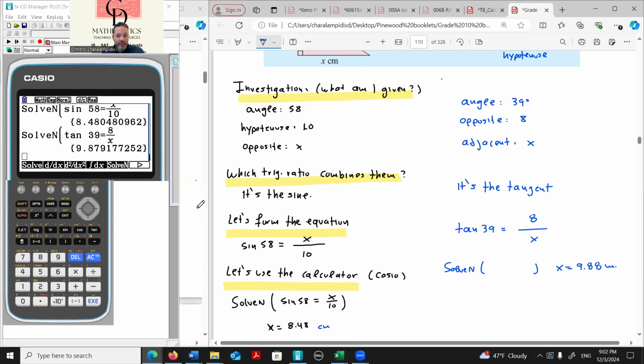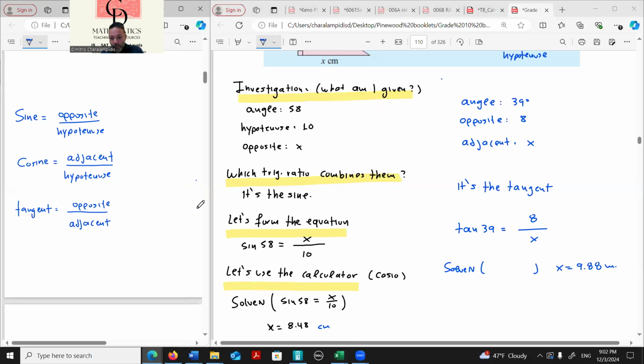Remember the key parts of this video. You need to remember the SOH CAH TOA rules. In order to define the sine, we need the opposite over the hypotenuse. In order to define the cosine, we need the adjacent over the hypotenuse. And finally, in order to define the tangent, we need the opposite over the adjacent.